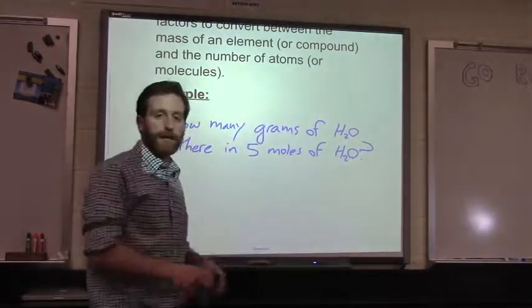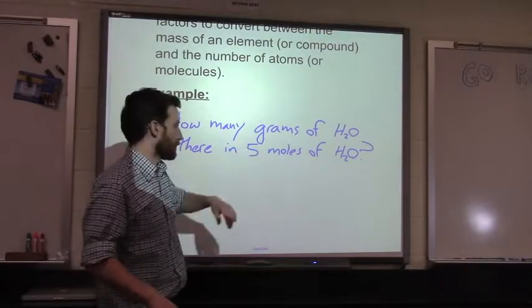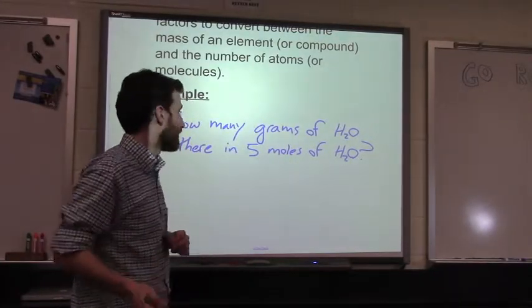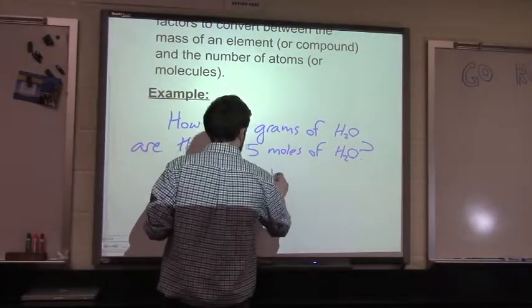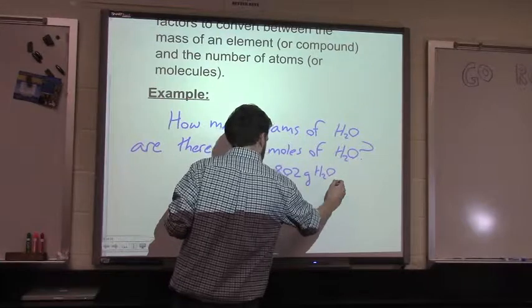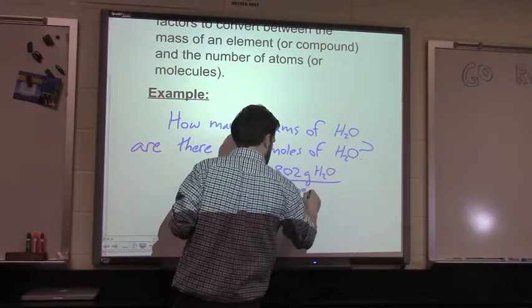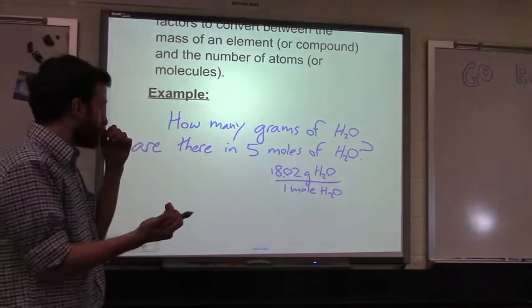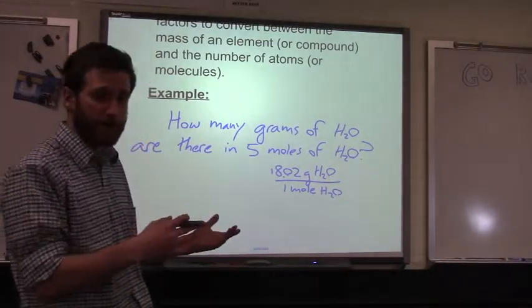It's a fair question. I want to know, how much does 5 moles of water weigh? Well, I wrote from the last time that there's a conversion factor that says there's 18.02 grams H2O per 1 mole H2O. So then I'm just going to run through my same procedure for dimensional analysis.